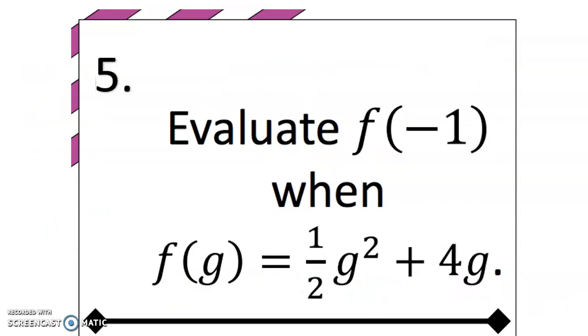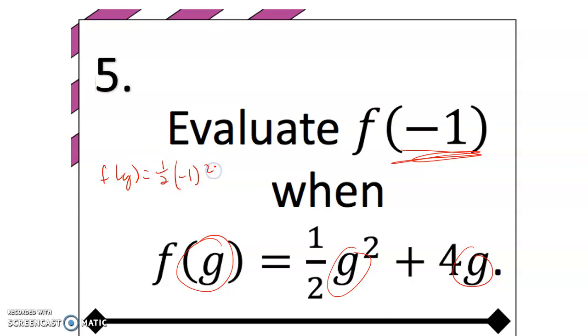Evaluate f of negative 1. So this is my input. I'm putting it everywhere I see a g in this problem. So I'm going to have f of g equals 1/2 g squared plus 4g. F of g equals 1/2 times -1 squared. -1 times -1 is 1.